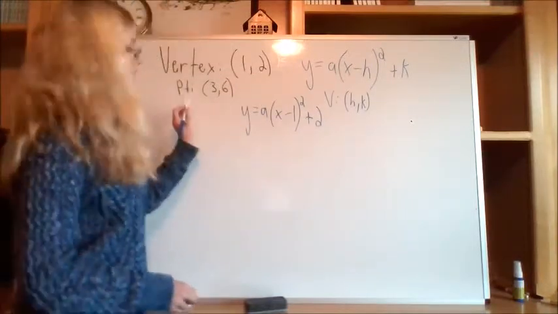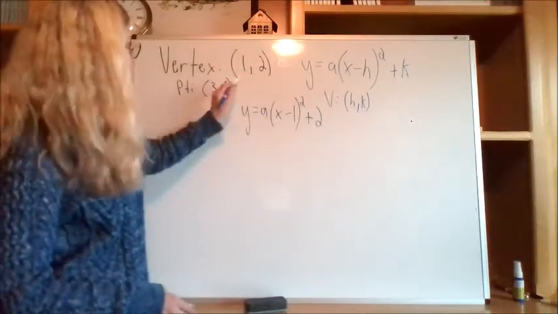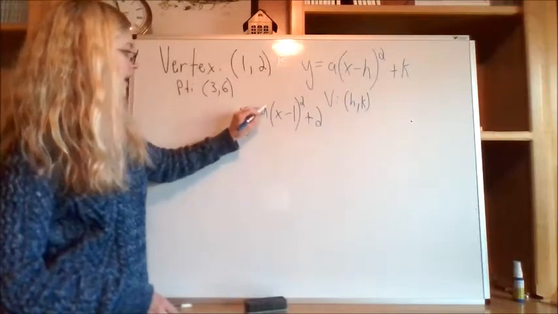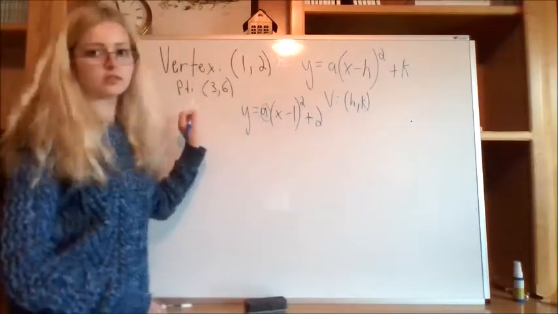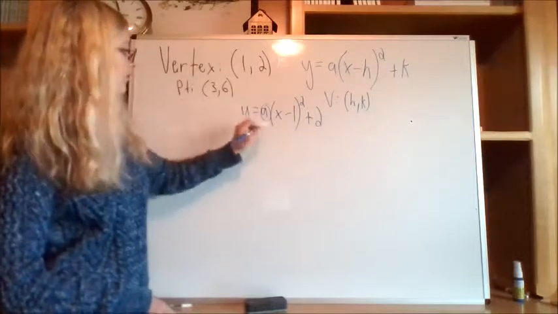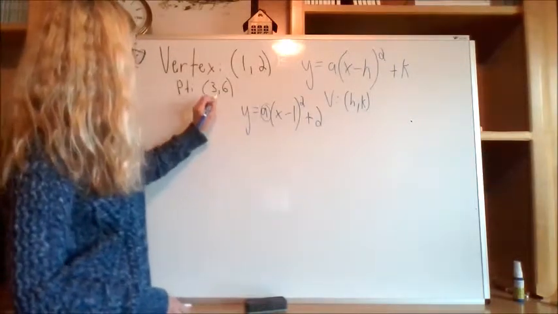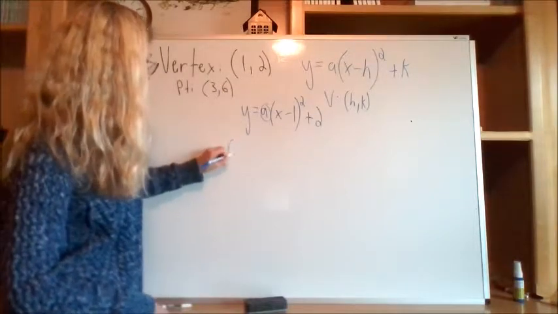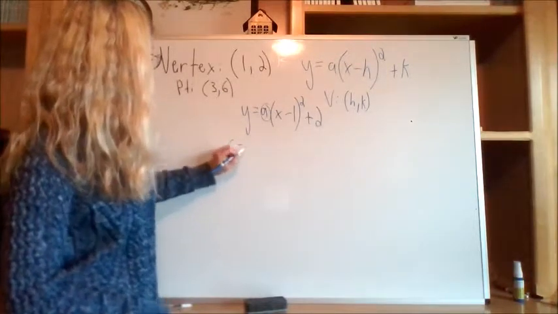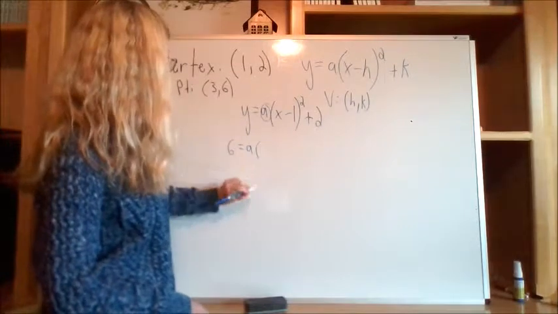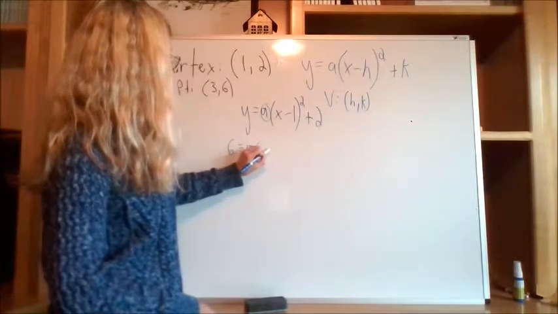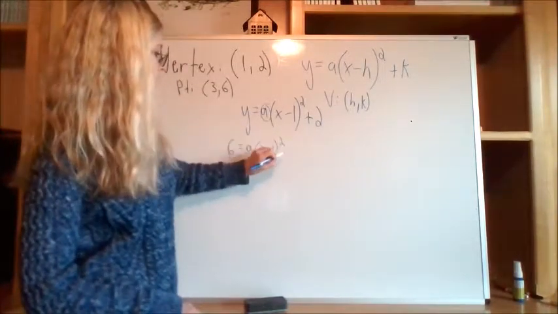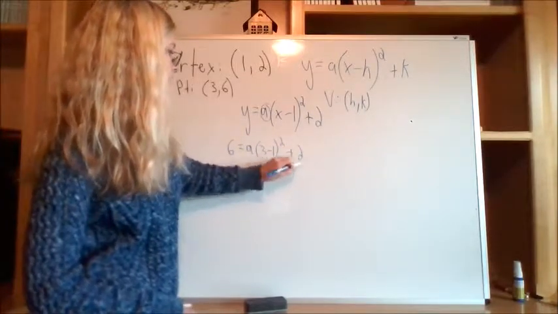Now, here's where the point comes in handy. Though we have the vertex, we don't know what this a here is. So we use this point to solve for a. So we plug in 3 and 6 for x and y. So 6 equals a times 3 minus 1 squared plus 2.